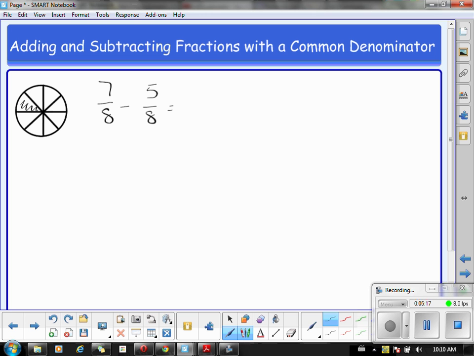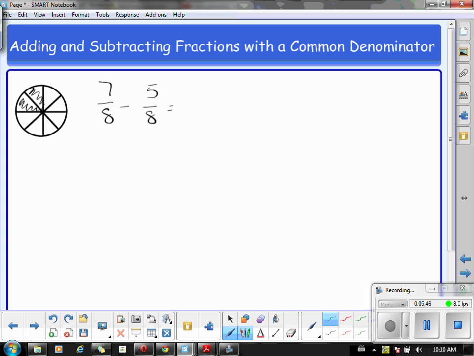We're starting with 7 equal pieces shaded in. Now I want to subtract. So I'm going to take away 5 pieces. So here I can physically take away 1, 2, 3, 4, 5.